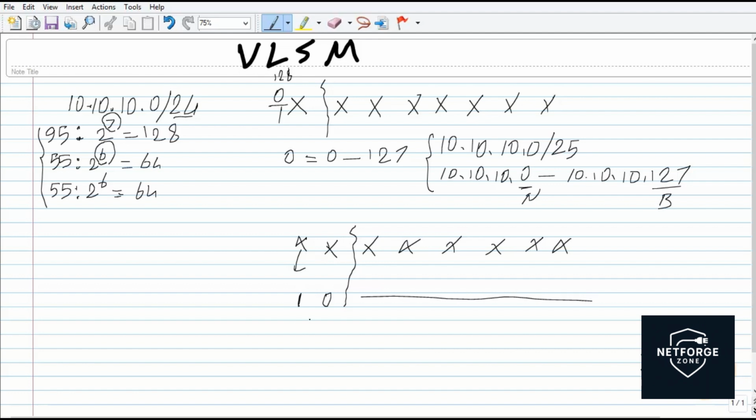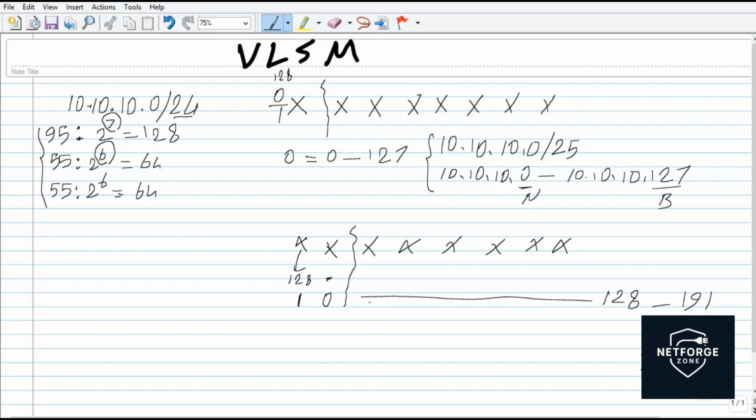So if I want to write the values, this has a value of 128, this has a value of 64, and of course it is off. The rest can be 1s or 0s, so they can be 63 at maximum and 0 at minimum. So what I have here is 128 to 191.